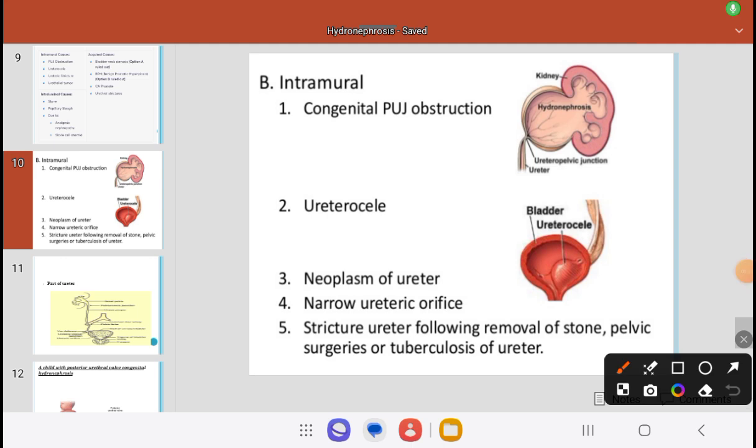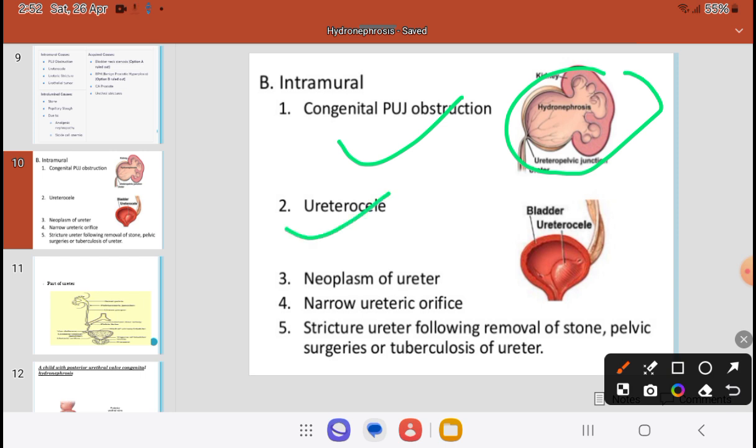Here you can see that due to congenital pelvic-ureteric junction obstruction, hydronephrosis occurs in the kidney. We can see a ureterocele present in the patient, an abnormal growth in the organ. Simple ureterocele.